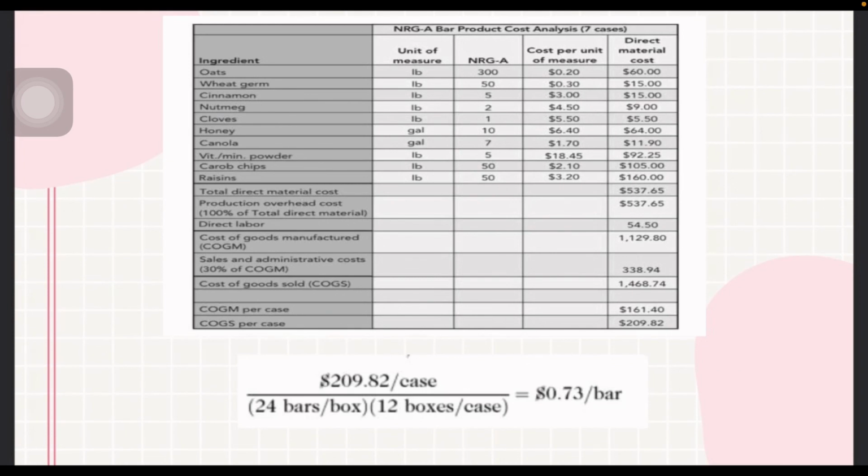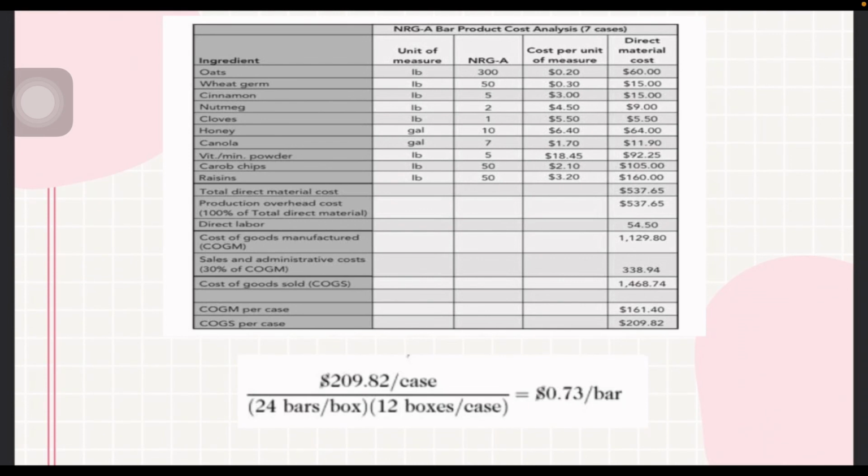As shown in figure 5.8, the direct labor cost to mix the dough and bake the snack bars is 54.50. It is important to note that the labor cost is only about 10% of the direct material cost, which is why Fitter has chosen to apply production overhead cost based on the direct material only.